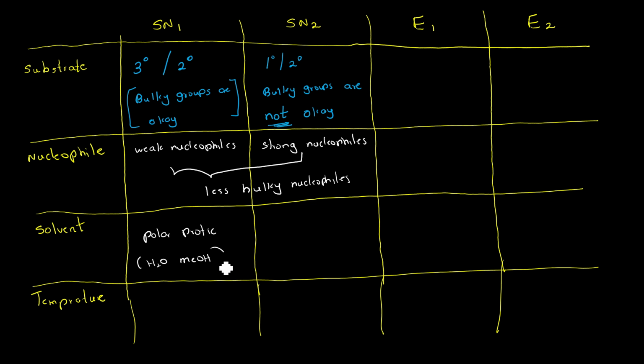methanol, likewise these guys. For SN2, no charged species are forming, so you don't have to think about that, but you need your nucleophile to attack faster. If you introduce a polar protic solvent, it will stabilize the nucleophile, so your nucleophile cannot move.